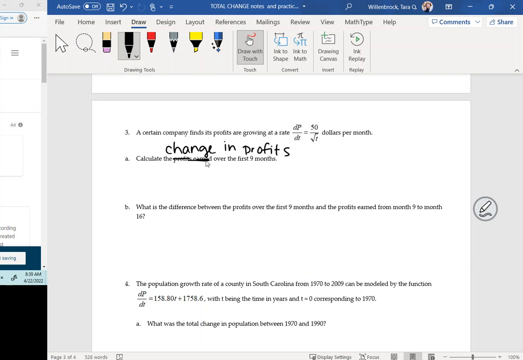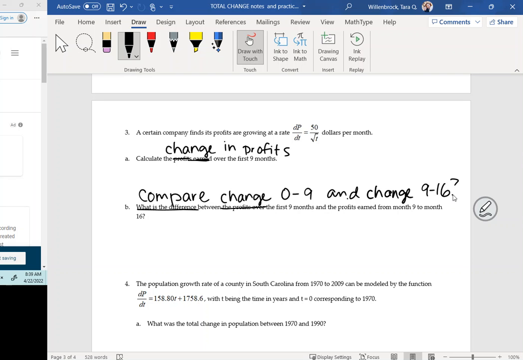And then we want to compare the change in profits from 0 to 9. So maybe I'm going to use that word. Let's compare the change from 0 to 9 and then the change from 9 to 16.